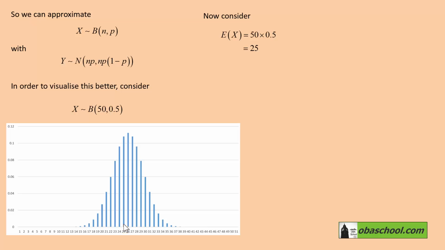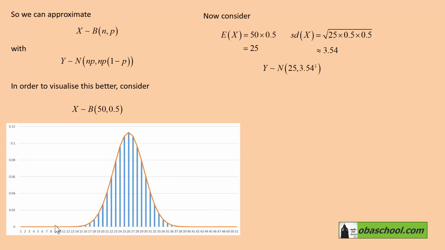We can see that that's in the middle here. And the standard deviation would be approximately 3.54. So let's use Y is a normal 25, 3.54 squared. And let's add that to this graph, and you can see that it fits quite well.